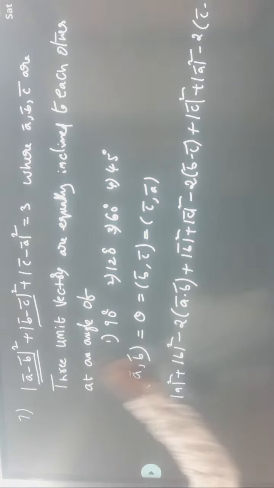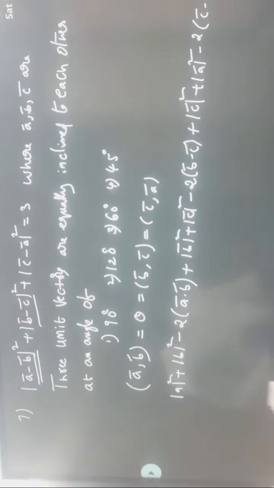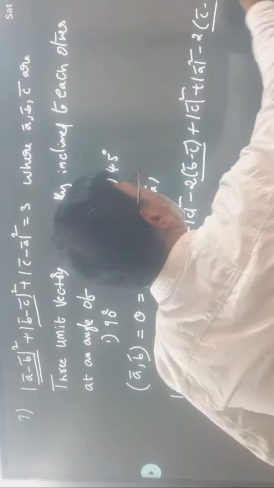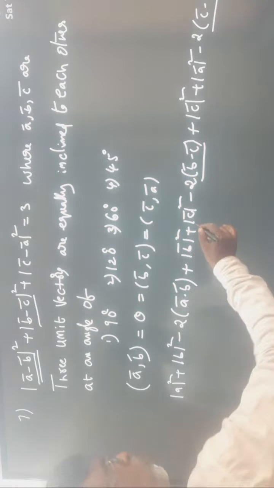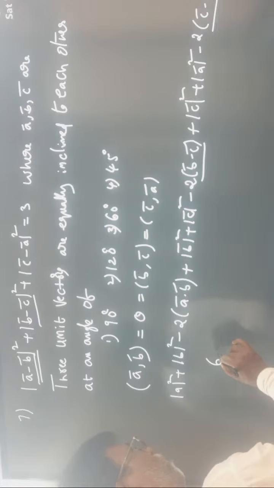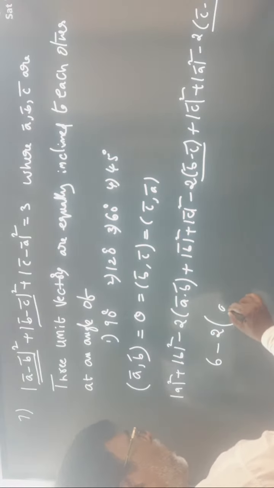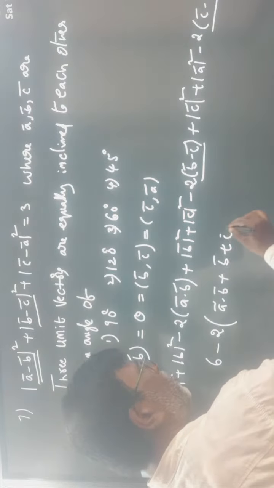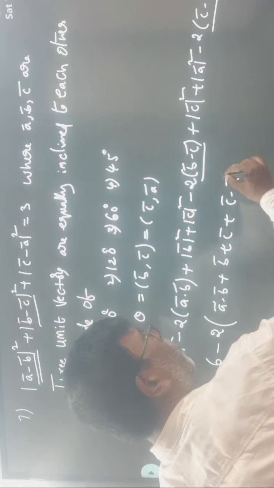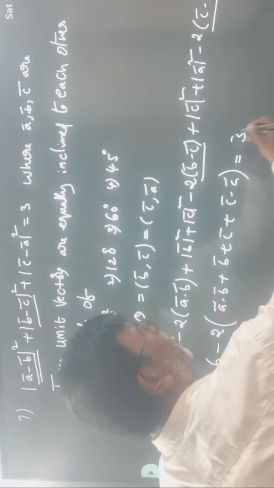So mod a square plus mod b square minus 2a dot b minus 2b dot c minus 2c dot a. Since these are unit vectors, 1 plus 1 is 2, 2, 2, total is 6, minus 2 into a dot b plus b dot c plus c dot a equals 3.